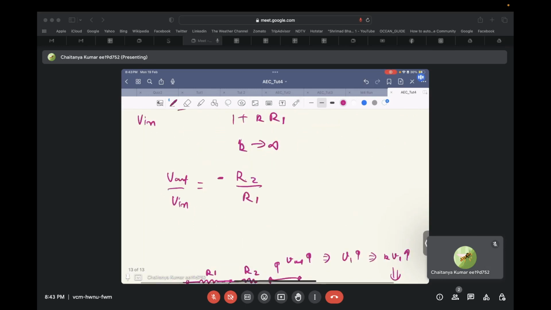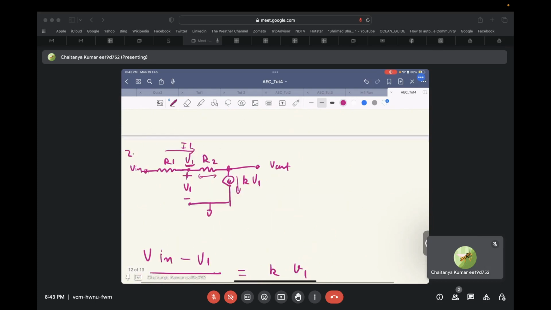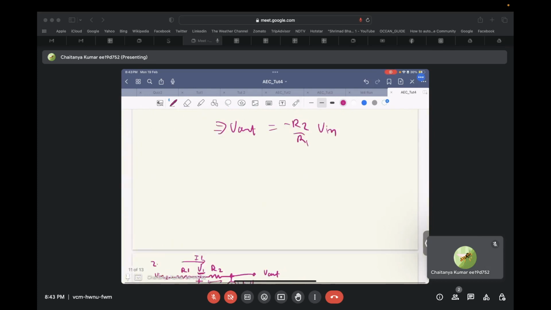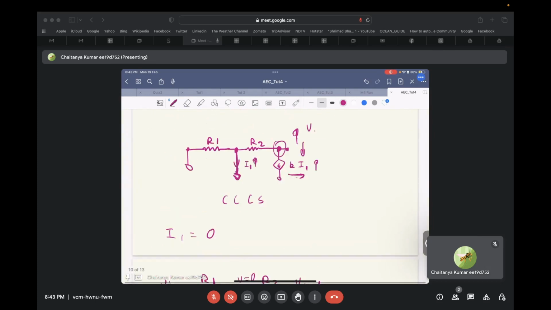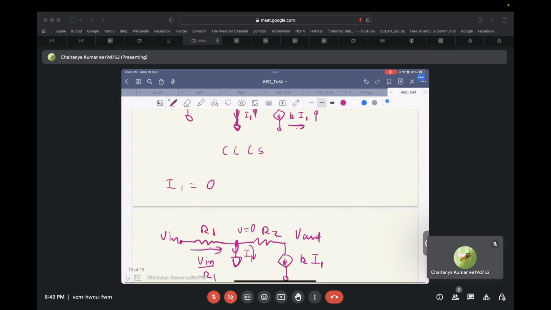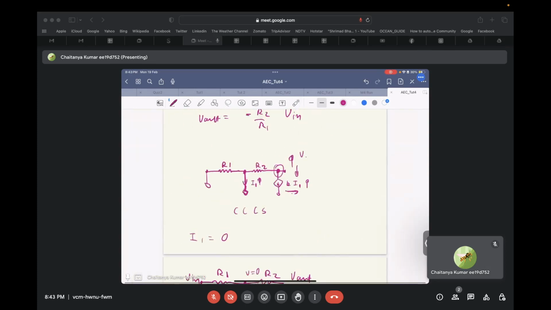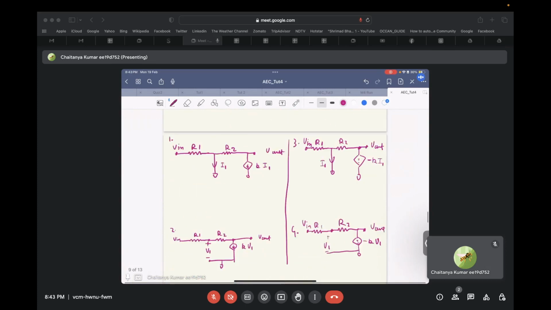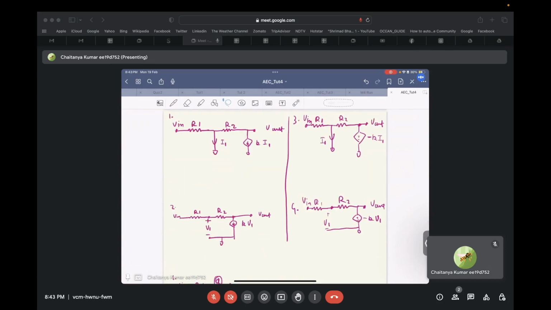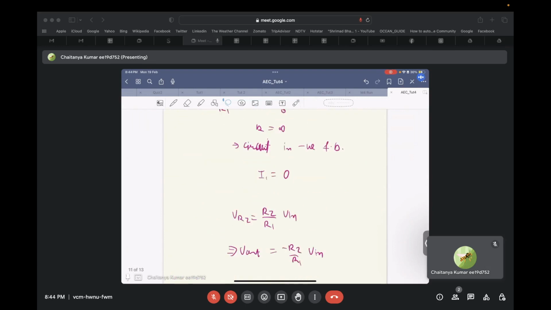Now let's go to the third circuit. That is made with a current controlled voltage source.